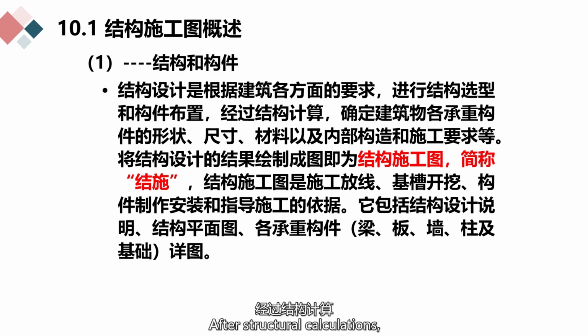After structural calculations, determining the shapes, dimensions, materials, internal structures, and construction requirements of the building's load-bearing components. The result of structural design, drawn into drawings, is the Structural Construction Drawings, abbreviated as CD.